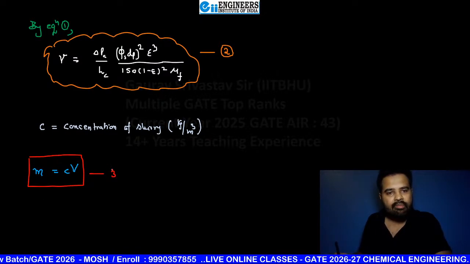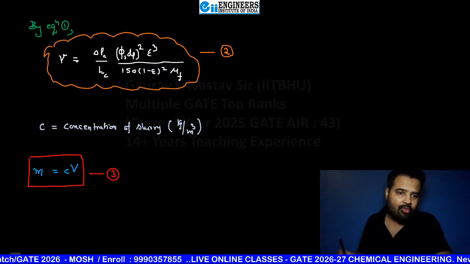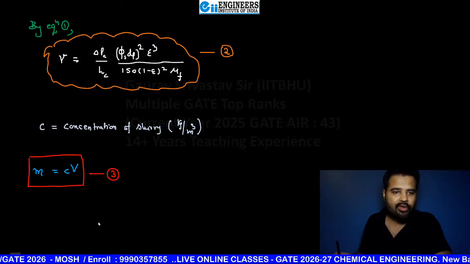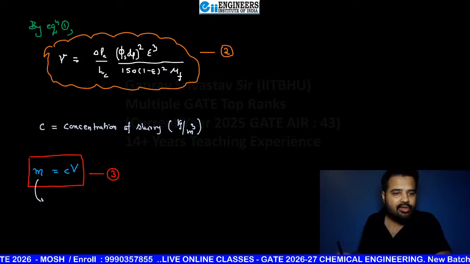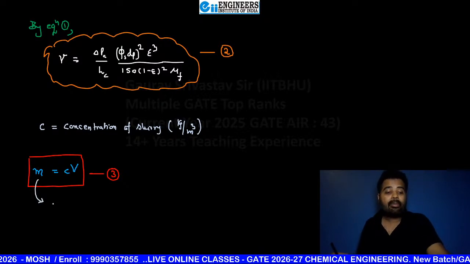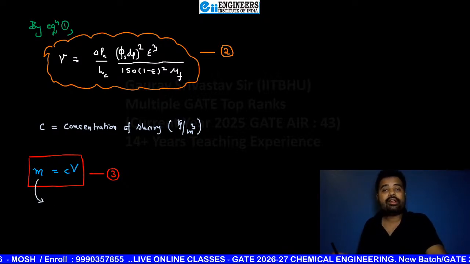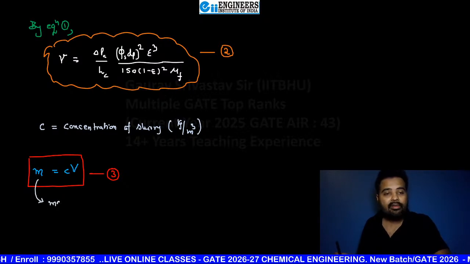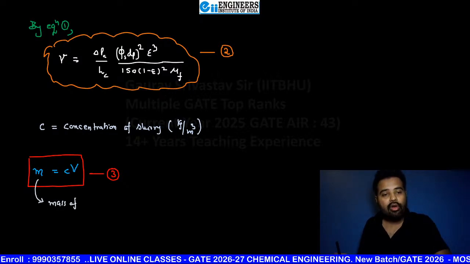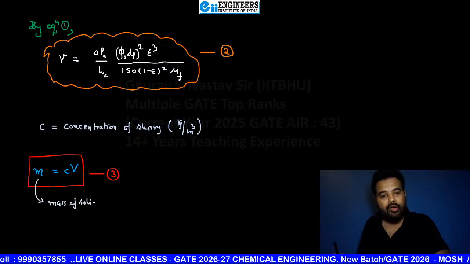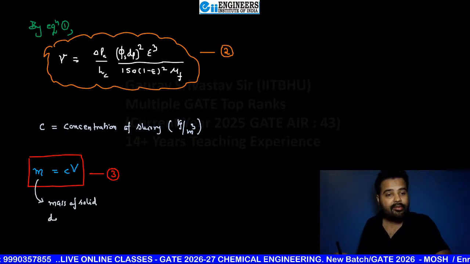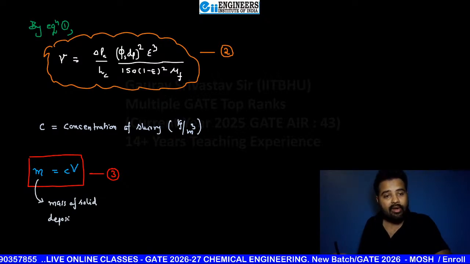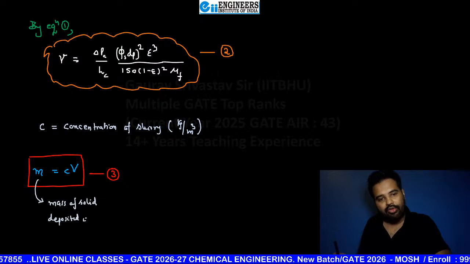This is your equation number 3, and now I am going to explain this beautiful equation further. This m is the mass of solid deposited or available in the cake.